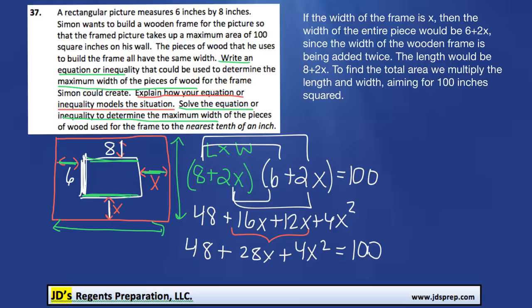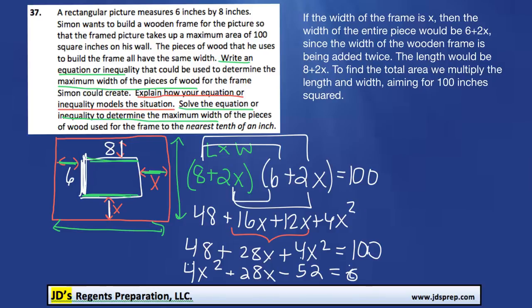Then what we need to do is subtract 100 from both sides of this equation. I'm switching the order here as well, by the way. We end up getting 4x squared plus 28x minus, and then 48 minus 100 would get us 52, so minus 52, and that equals 0.